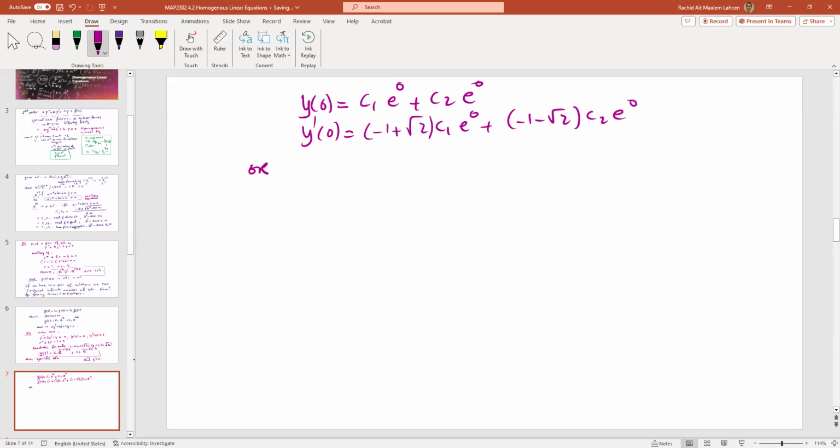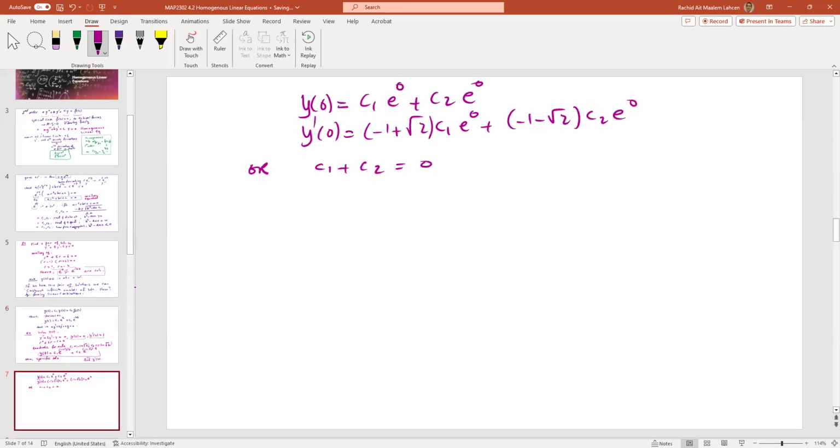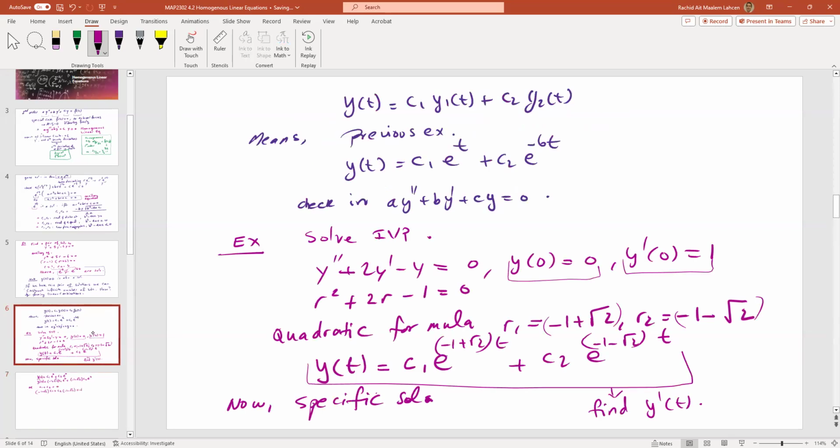So these two equations give us C1 plus C2 equals 0 from the initial condition, right? So it's 0 because of this, then this would be 1. Then the second one, negative 1. Did I put 1? Negative 1.